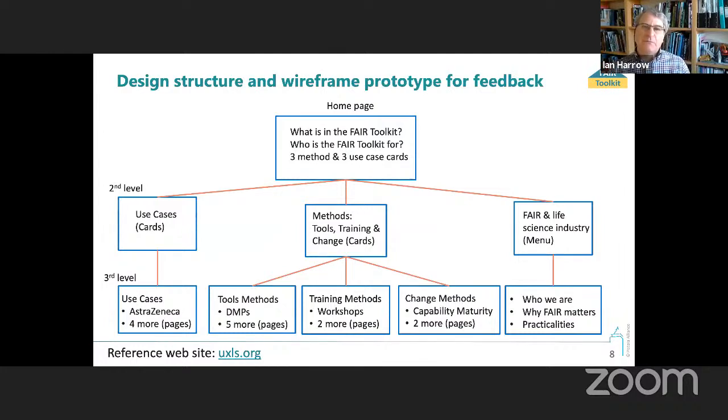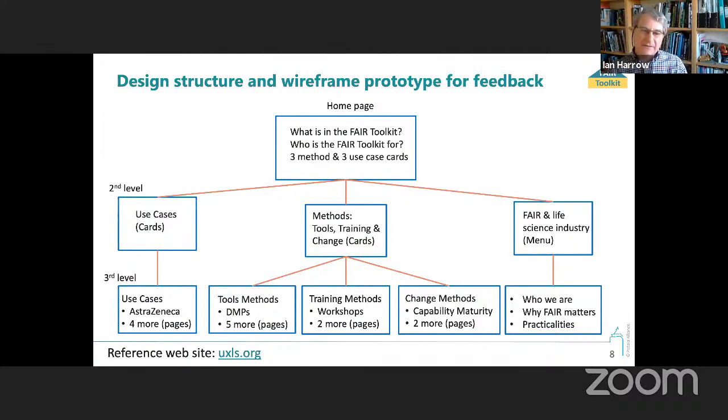We had three levels in mind: a homepage addressing obvious things, such as what's in the toolkit and who it is for; a second level for navigating around the more detailed third level, which consists of those different aspects I've just covered in the concept slide: use cases, and then the three types of method: tool, training, and change. And also an aspect which addresses not only who we are, but also why FAIR matters in very succinct terms, as well as the practicalities of making use of this toolkit.